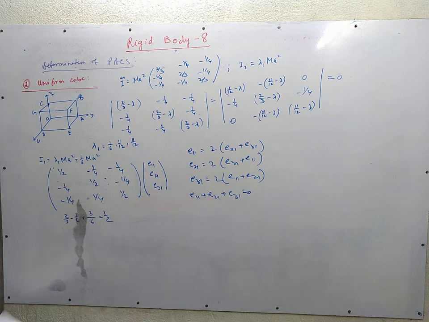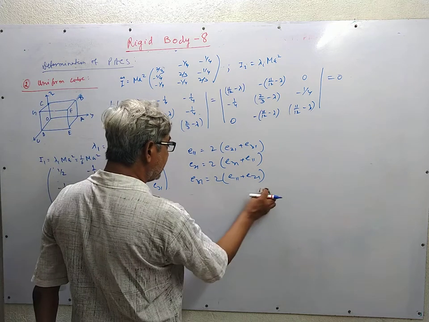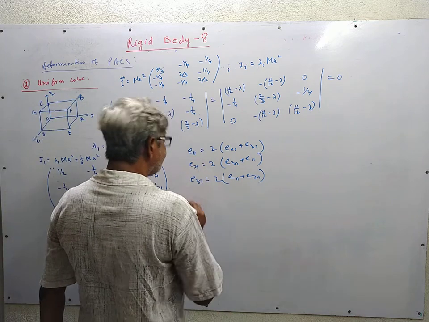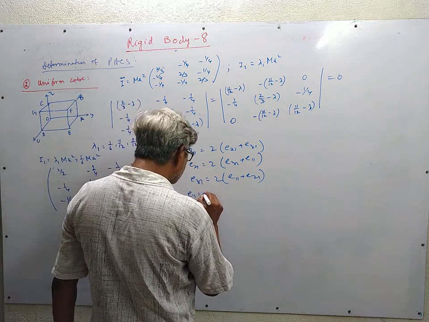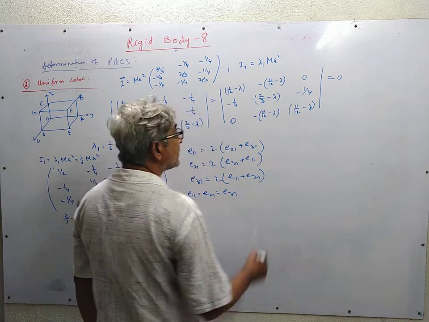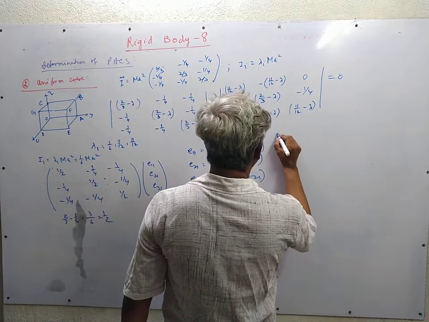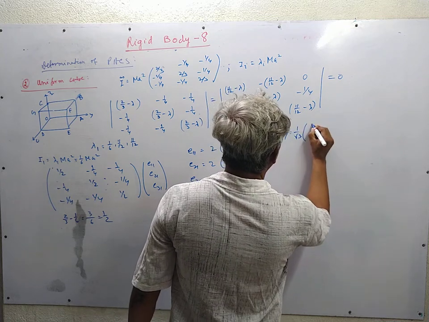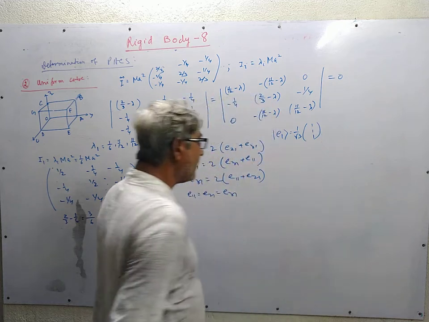Sorry, this is the relation we get. The possible solution of this is E11 is equal to E21 is equal to E31, so that the eigenvector E1 is 1 by root 3 (1, 1, 1).